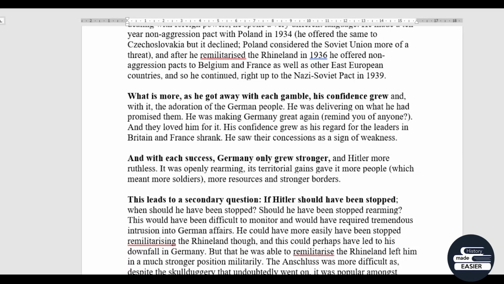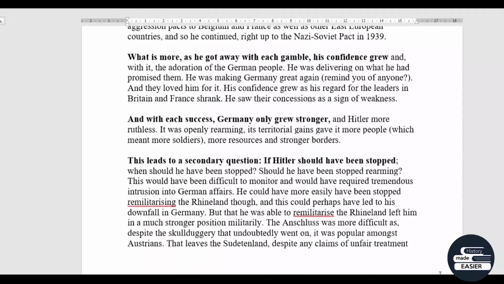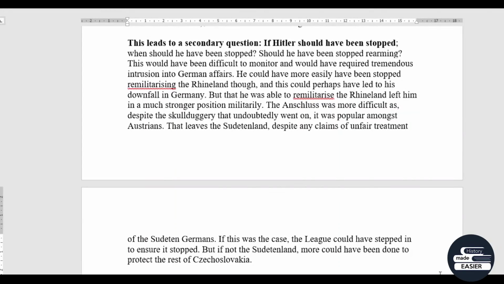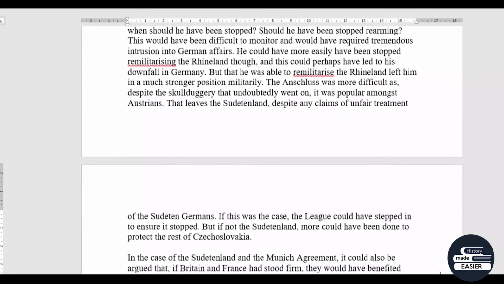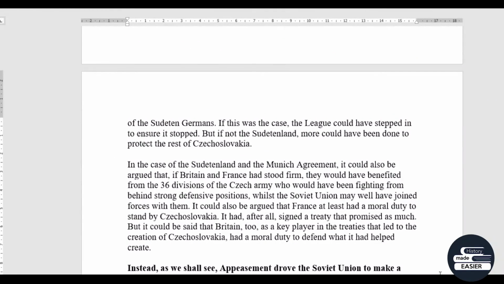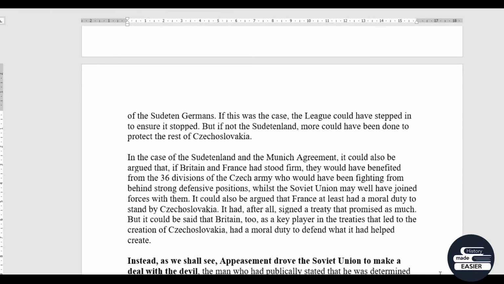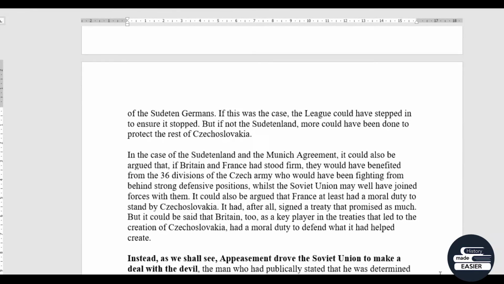But this leads to a secondary question, and I go into a little length on this, a few paragraphs on this, that if Hitler should have been stopped, when should he have been stopped? And that's something that you should consider before your exam. And you can see that I have 2 paragraphs on that. Not a lot of reading, but it gives food for thought.